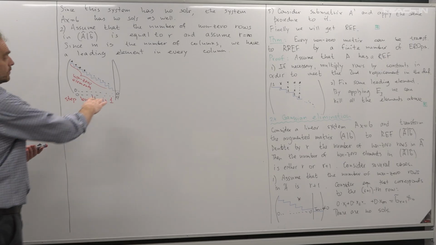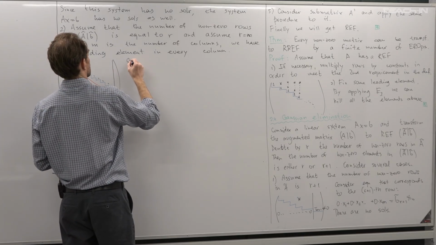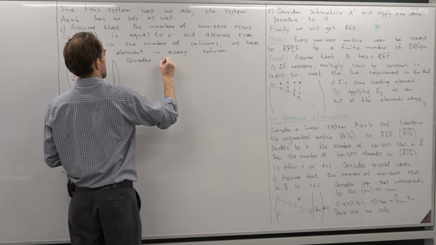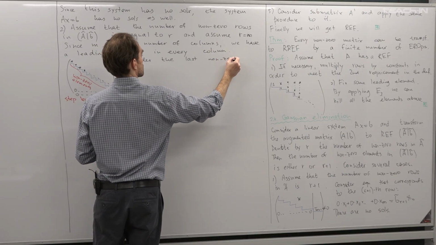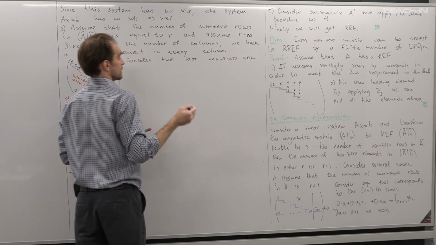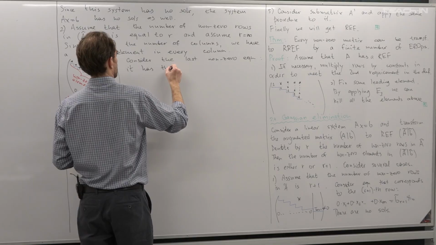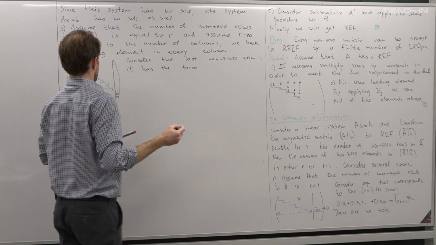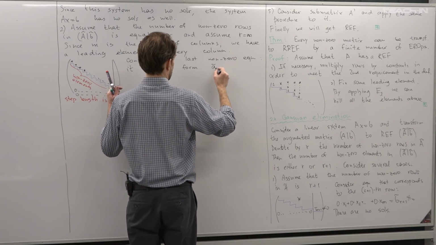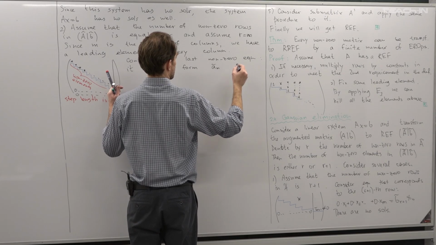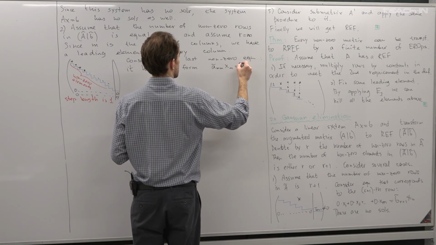Let us go from the bottom to the top. So consider the last non-zero equation. It has the form A tilde sub m multiplied by xm equals b tilde m, right?